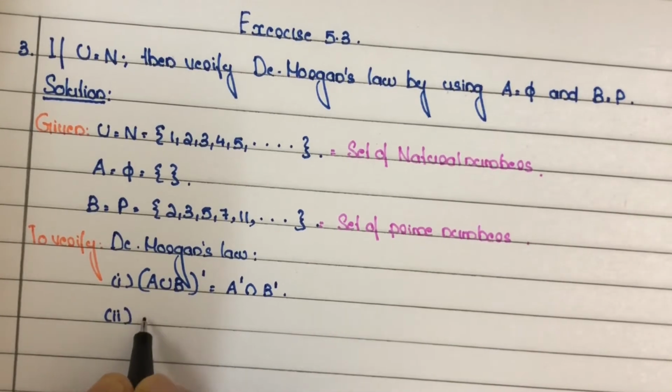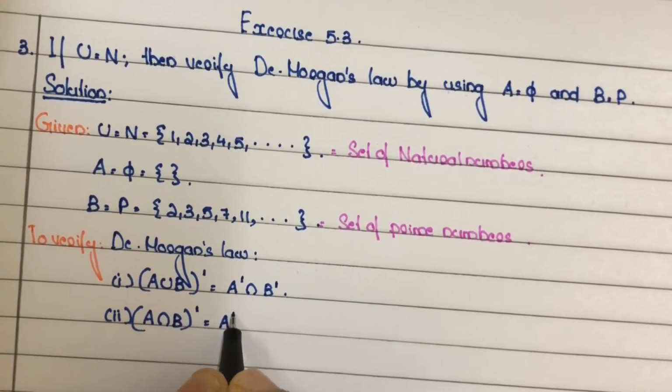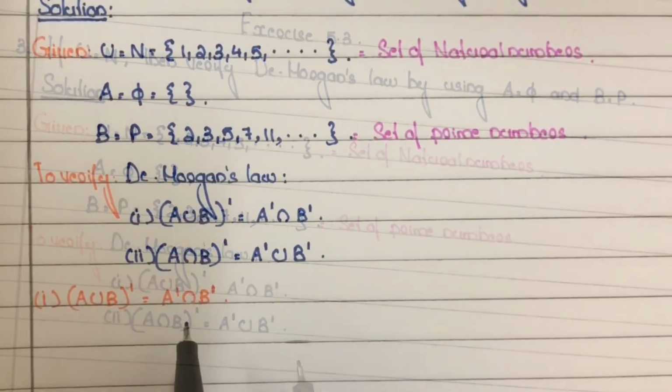Second law, A intersection B whole complement equal to A complement union B complement.